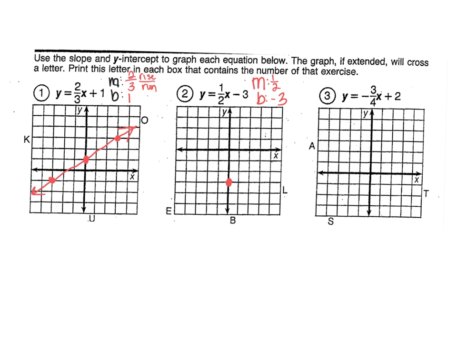Because it's -3, right? Now, from that -3, rise up 1, run 2. Rise 1, run 2. Reverse it, feel free to. Down 1, left 2. As long as it's in a straight line.